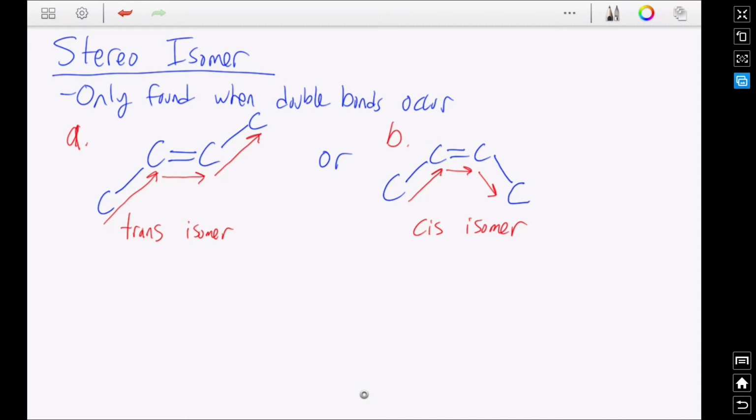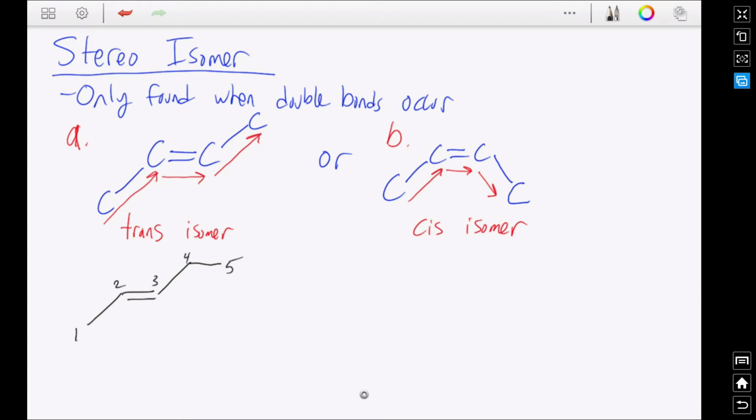Okay, so for example, if I draw a pentane like this, there we go. So this is carbon 1, 2, 3, 4, 5.